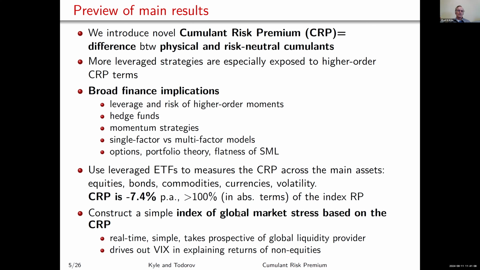And you saw it in the 2008 financial crisis, for example, when the hedge funds that were betting on mortgages that had really high leverage, like 3 to 1, 6 to 1, 10 to 1, even more, started blowing up when the mortgages started shrinking. Momentum strategies are the same way. If you're following a momentum strategy and you're making money, you kind of increase the size of your positions by buying as prices go up and selling as prices go down. And that gives you exposure to these higher order moments.